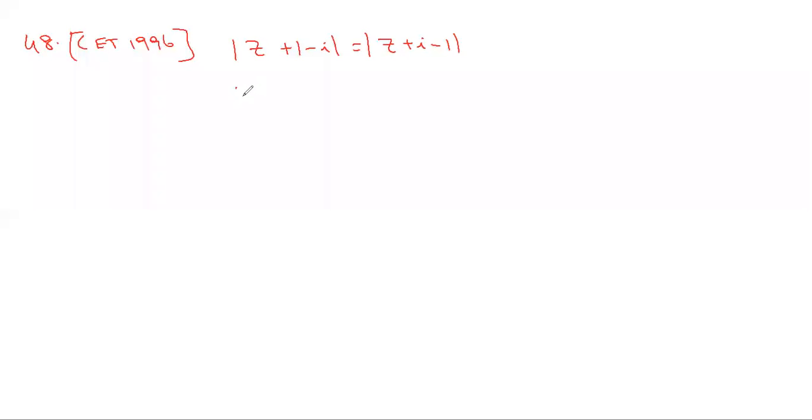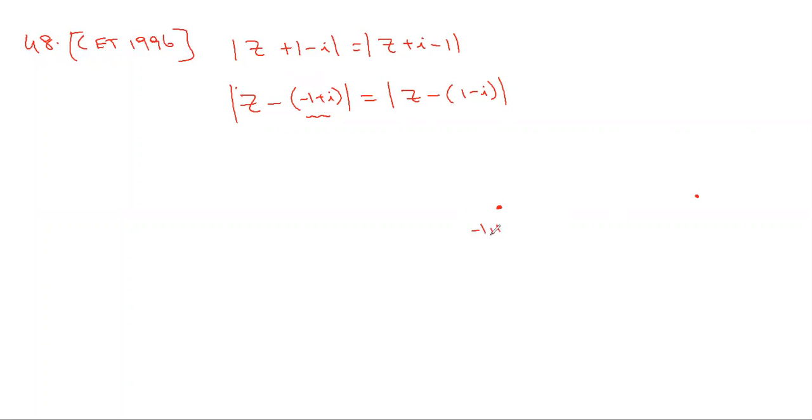This is again z minus of minus 1 plus i. These represent the distance from a point, and this is z minus of 1 minus i. So this is also the distance from another point. So basically it is the set of all points which are equidistant from two fixed points.